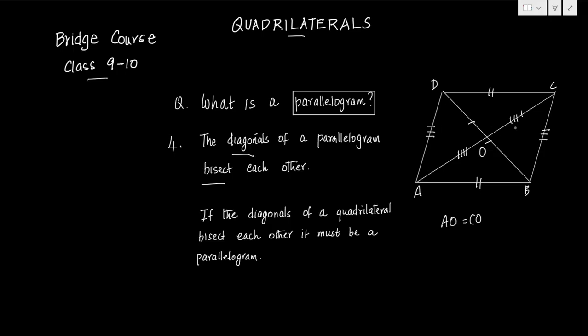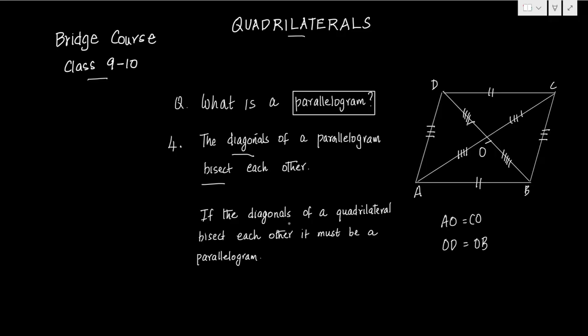Similarly, AC cuts BD in such a way that OD equals OB. So this is equal to this. So the diagonals of a parallelogram bisect each other. Bisect means cut equally into two pieces.